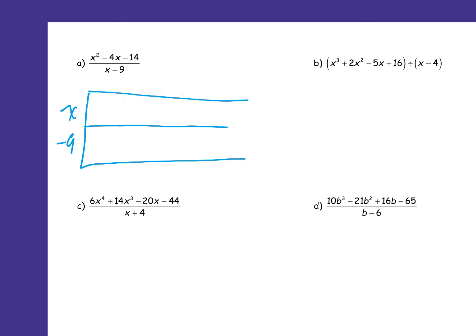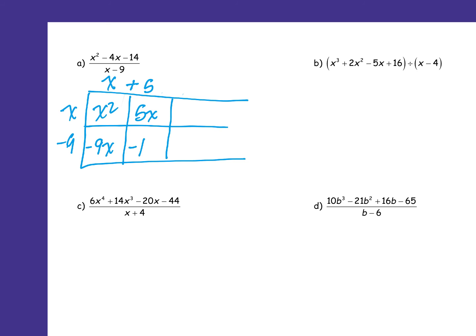X minus 9, and then I have x squared. And x times x is x squared. So negative 9 times x is negative 9x. And what do I add to negative 9x to get negative 4x? Well, 5x. And x times 5 gives me 5x, so that would be plus 5.